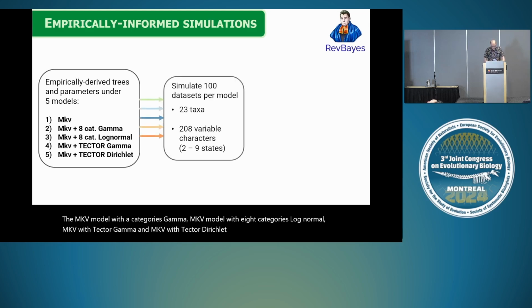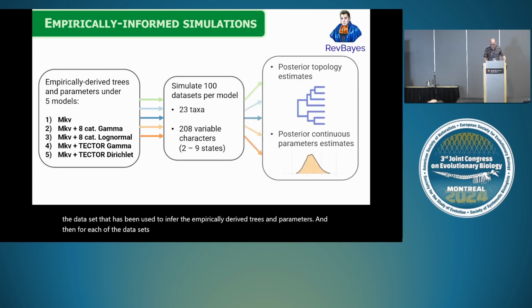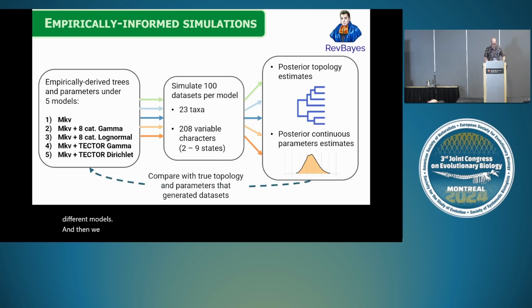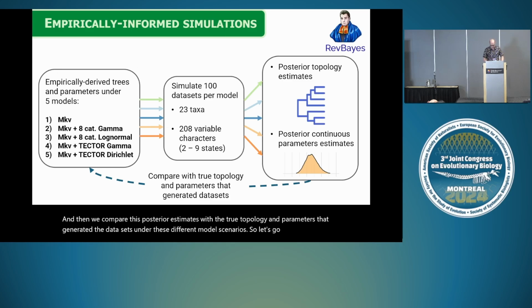We simulate 100 datasets per model, with the size of the original dataset that was used to infer the empirically derived trees and parameters. Then for each of the datasets, we try to estimate topology and parameters using the 5 different models. And then we compare these posterior estimates with the true topology and parameters that generated the datasets under these different model scenarios. So let's go to some results.